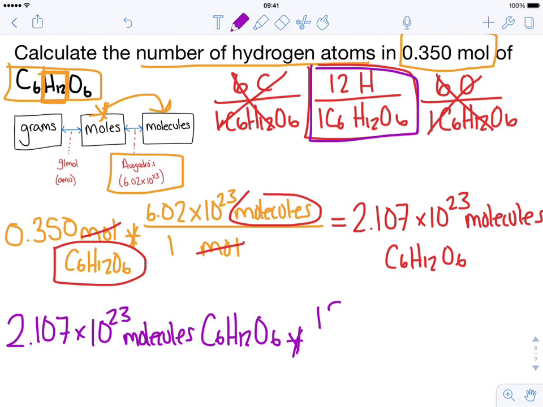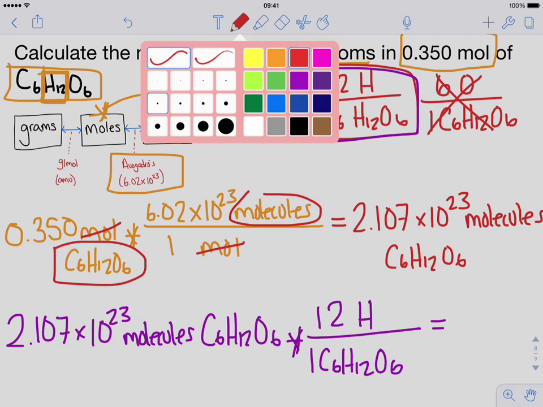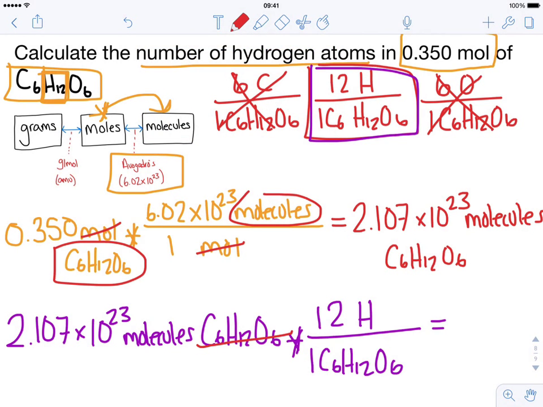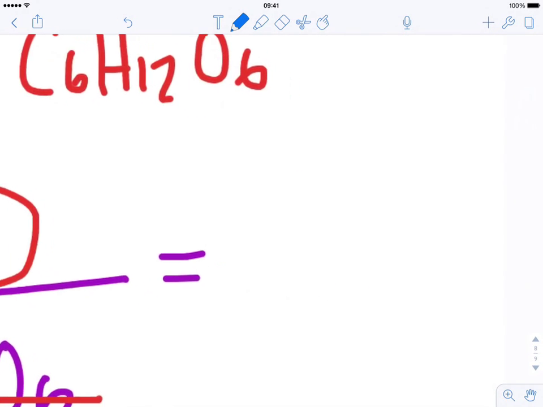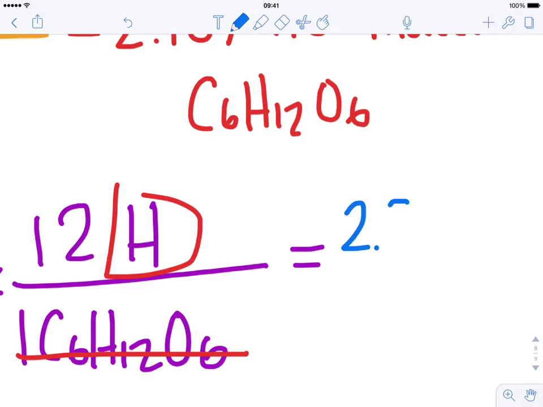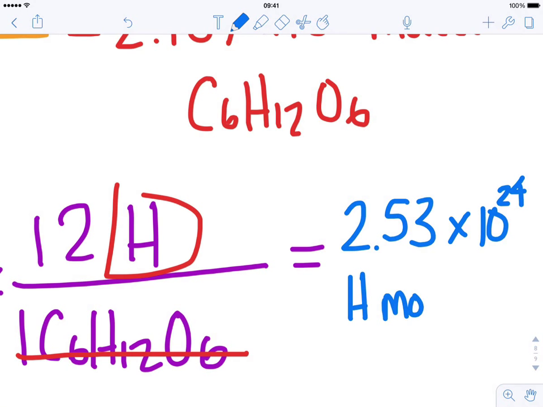So times 12 hydrogens for every one C6H12O6. Now if we look at our units, C6H12O6 cancels out with C6H12O6, and what we're left with is hydrogen molecules. So the final answer here should be 2.53 times 10 to the 24th hydrogen molecules.